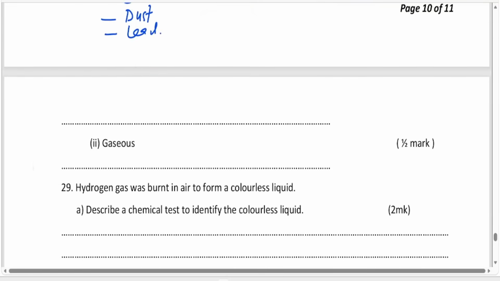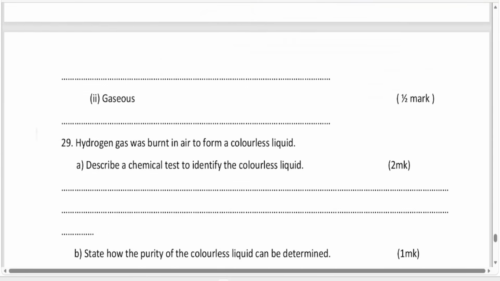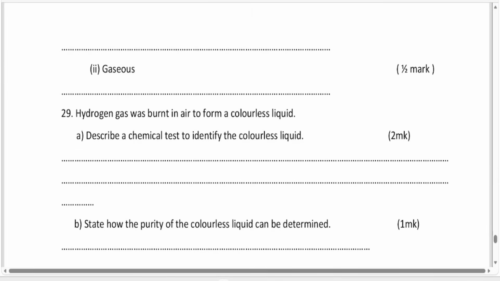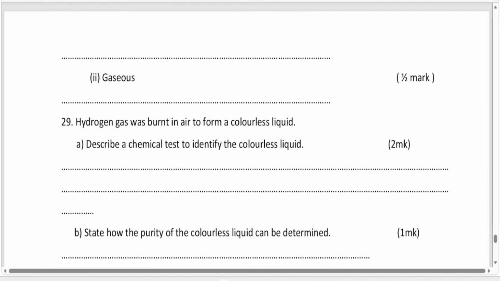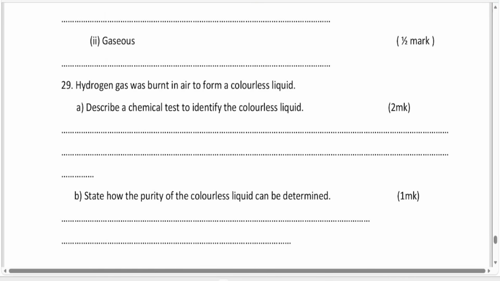Which one is a pollutant that is in gaseous form? We can talk about the greenhouse gases, the sulfur peroxide. Remember, we have been taught to focus on the name. So I'll mention sulfur peroxide.